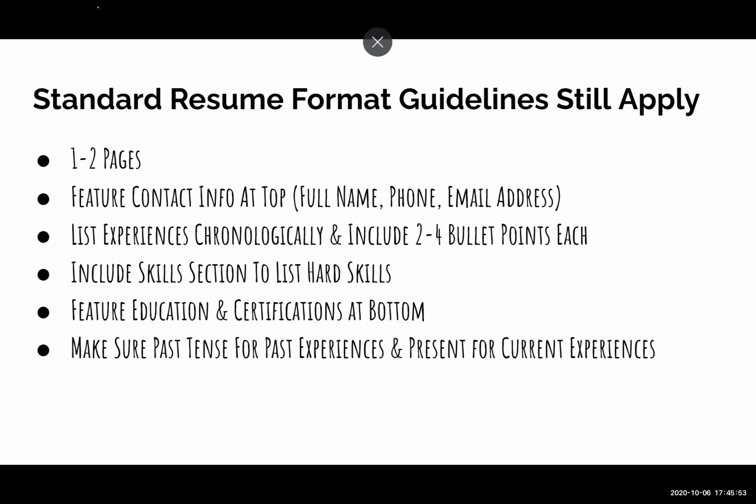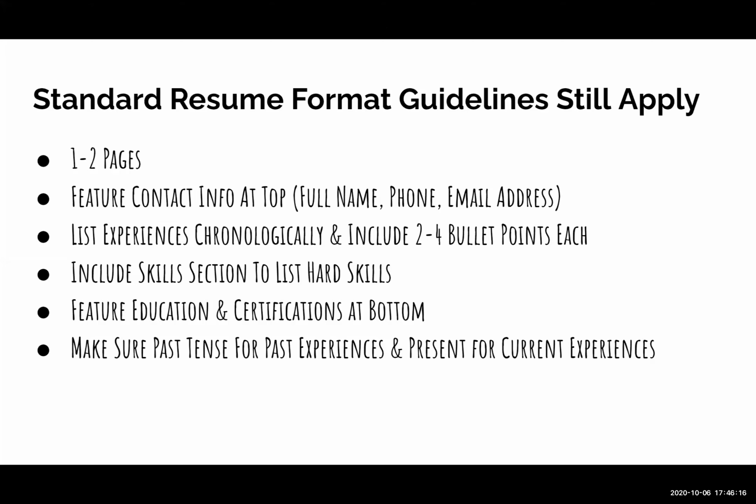So even though I have shared some radical approaches to your resume, you still want to follow some standard format guidelines. So this is things like making sure your resume is no longer than 2 pages, making your contact information front and center.